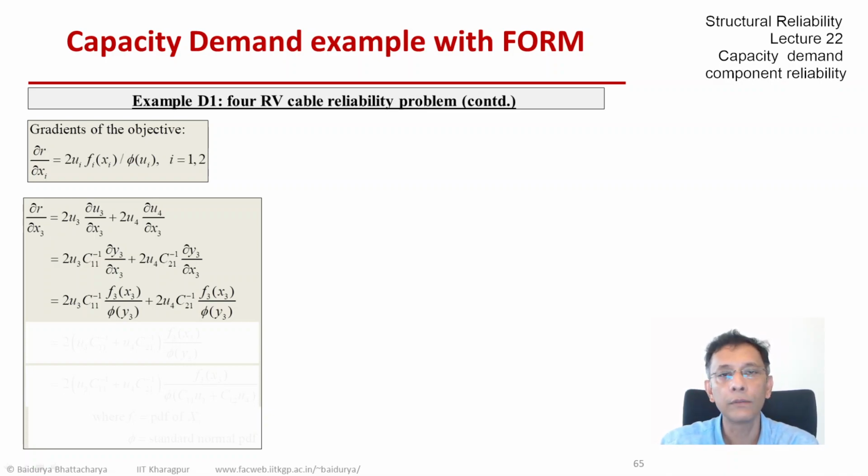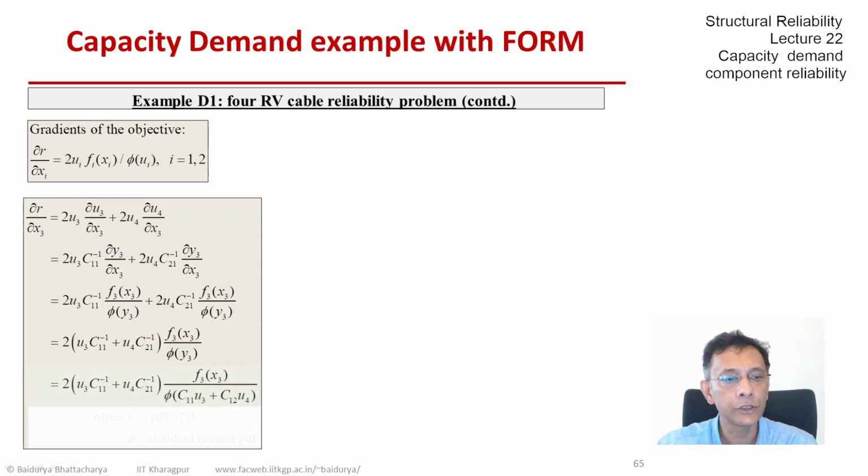y3 and y4 are both standard normals. And that lets us express the partial of r with respect to x3 in terms of C11 inverse, C21 inverse, u3 and u4, and the ratio of the two density functions. And if we want to express y3 in terms of u3 and u4, we can do that, and that closes the entire expression.